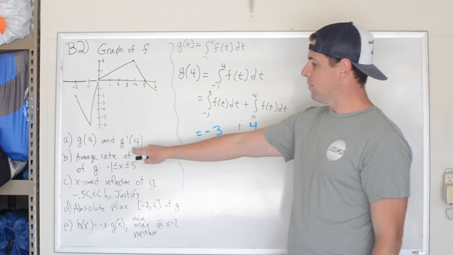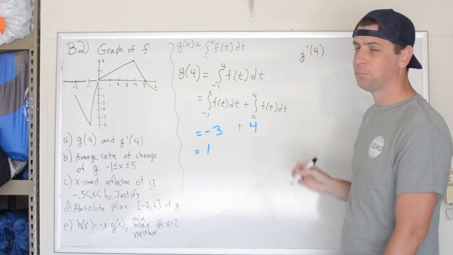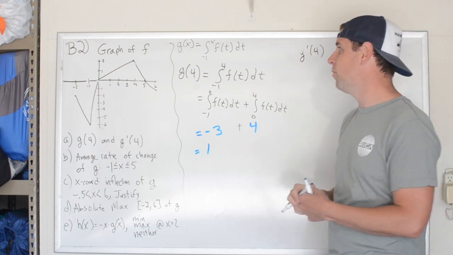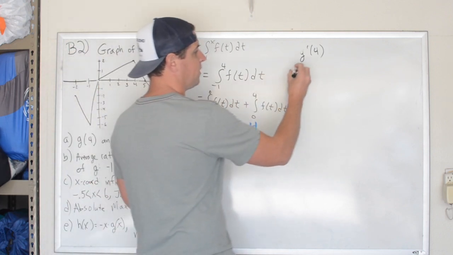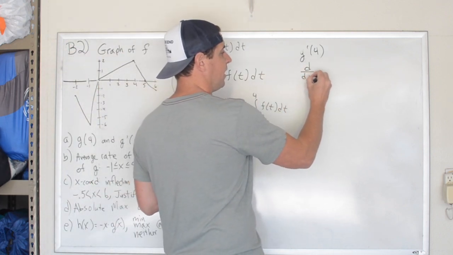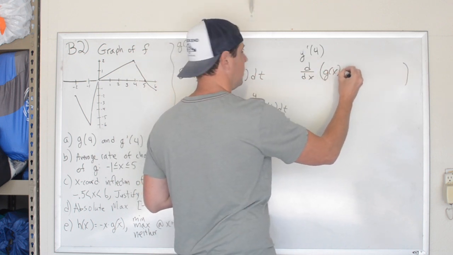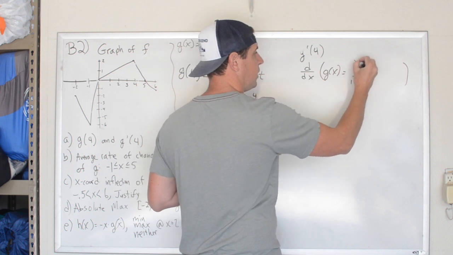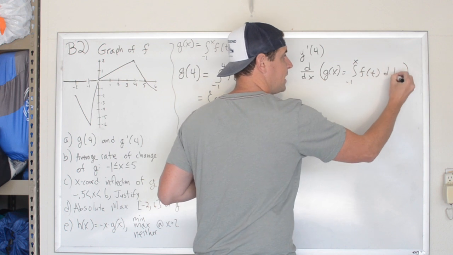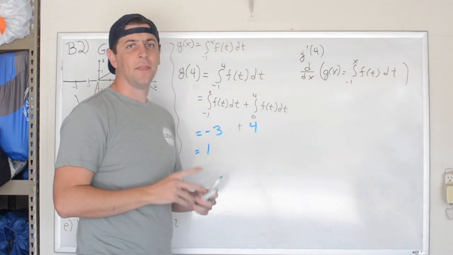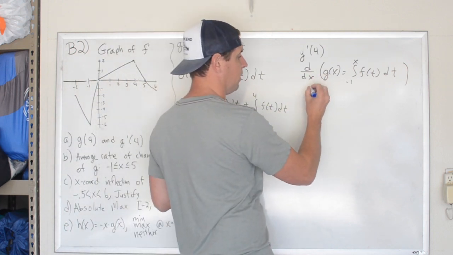We're moving on to the second part of A, which is we want to do g prime of 4. In order to do g prime of 4, I need to take the derivative of g of x. So if I take the derivative of g of x, that's d dx of g of x equals the accumulation from -1 to x of f of t dt. The derivative of g of x is g prime of x.